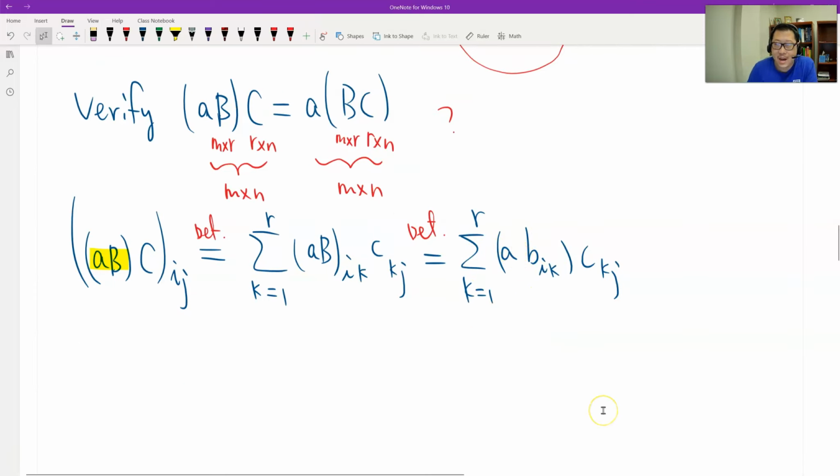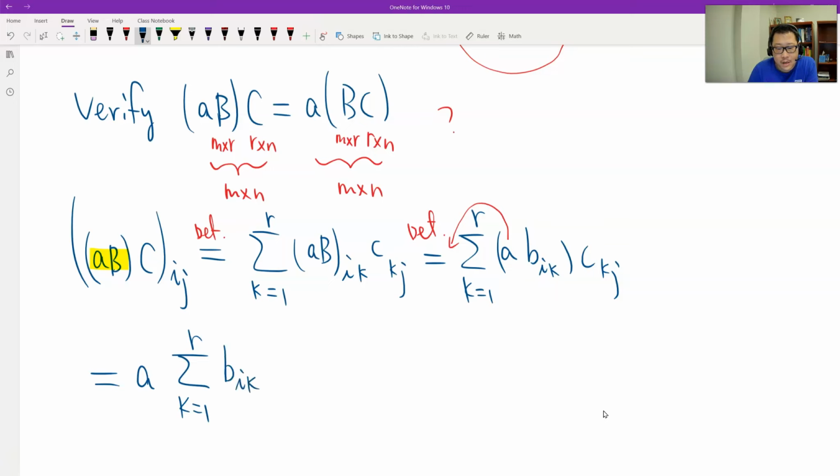Now it is three numbers. I think that should be easy. I can factor the A out directly. So now I have A times the summation K from 1 to R of B_IK C_KJ, in parenthesis.